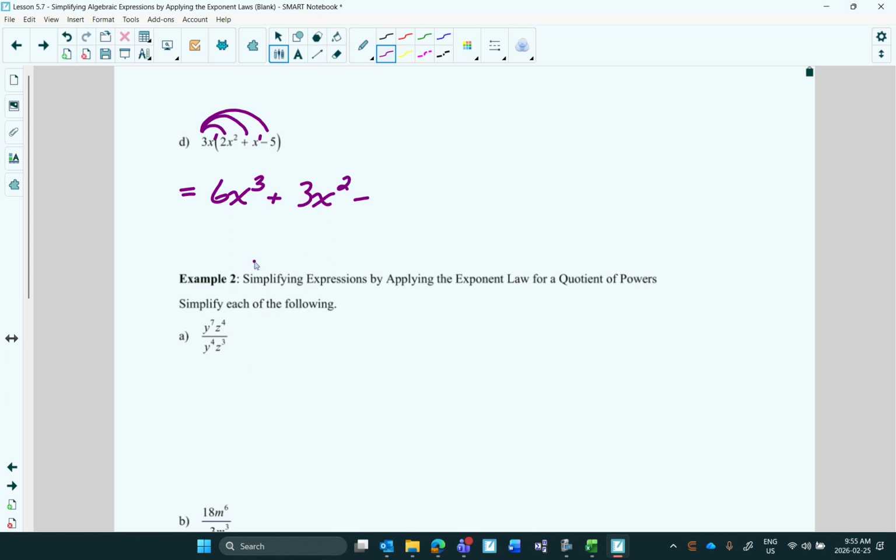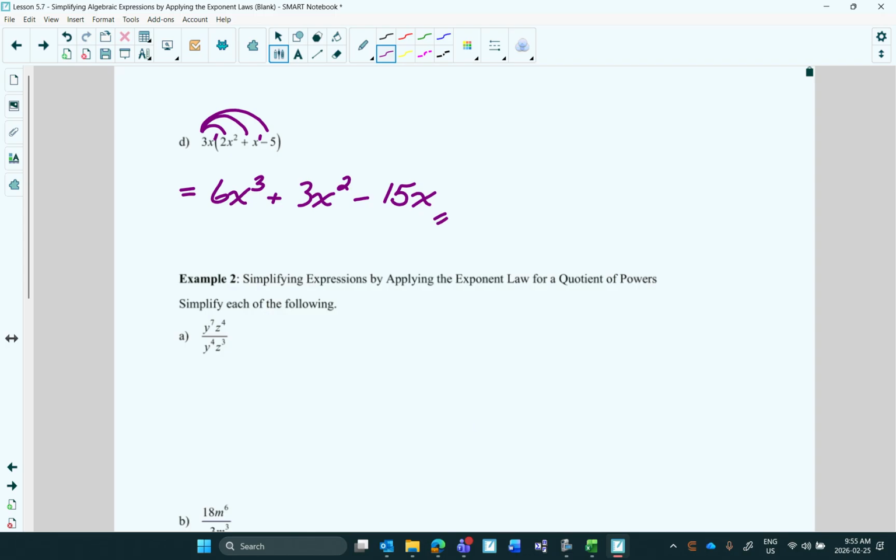Minus 3x to the first times 5 is 15x. And we don't have to write the first. And remember, these are not like terms, so you can't put them together. They're only like terms if they have the same variables and exponents. But they're all different exponents.